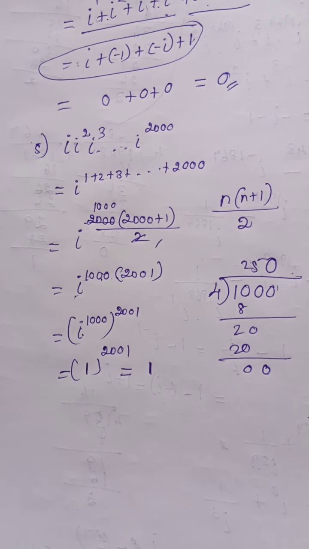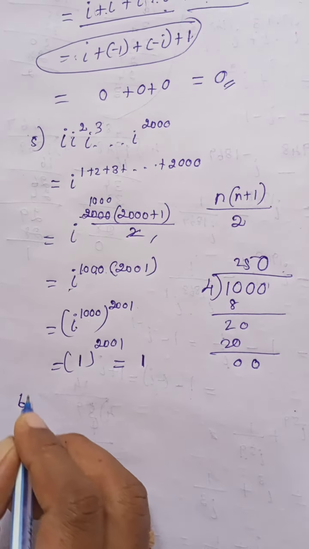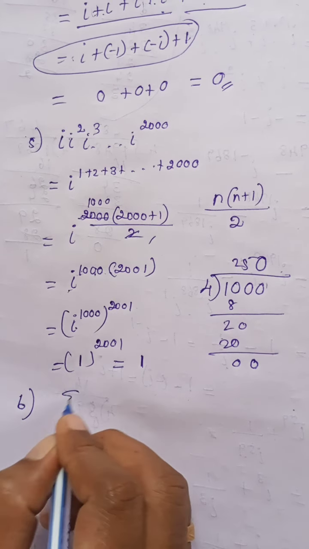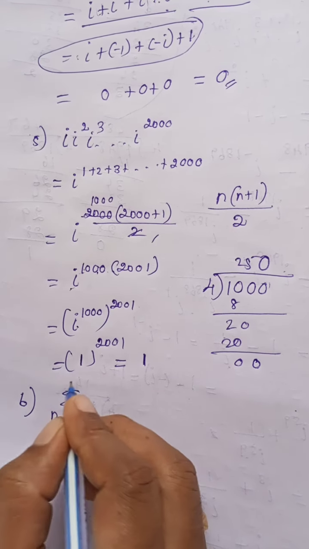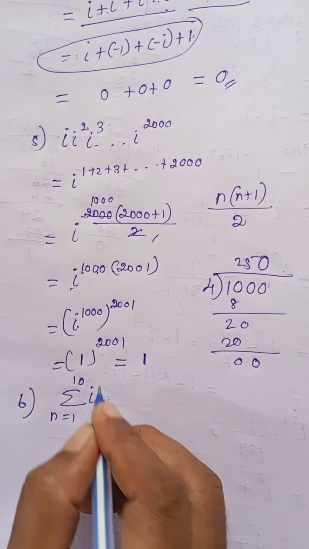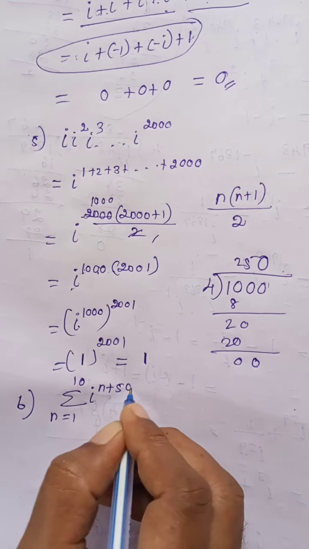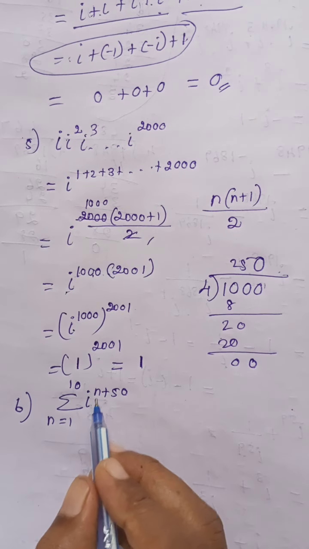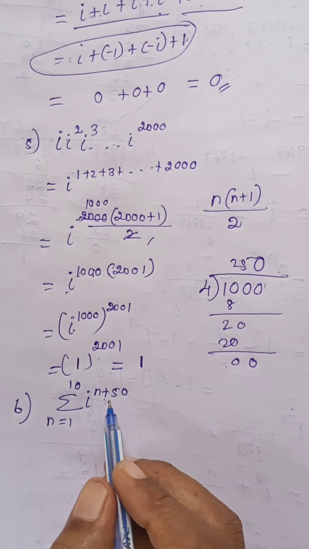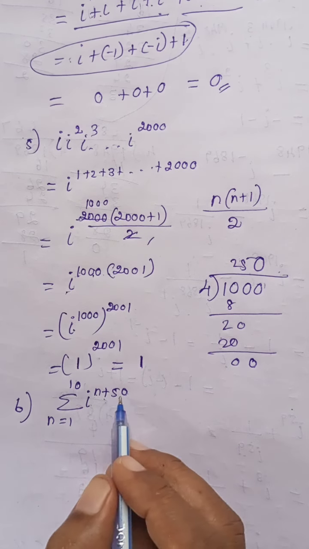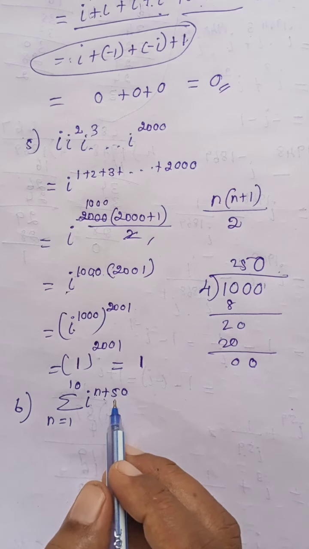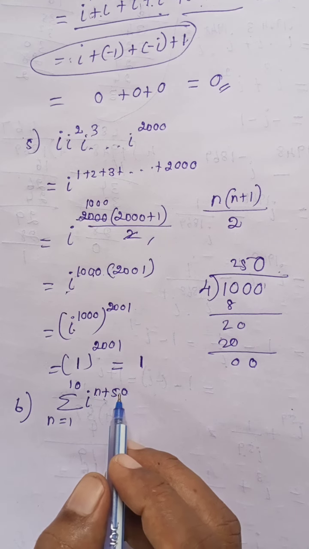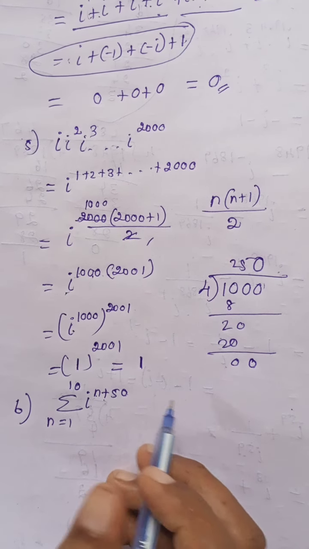Now the last problem in this exercise is sigma n equal to 1 to 10 of I power n plus 50. So when we substitute here, you may get I power 51 plus I power, isn't it? 1 plus 50 is 51, 52, 53 till I power 60.